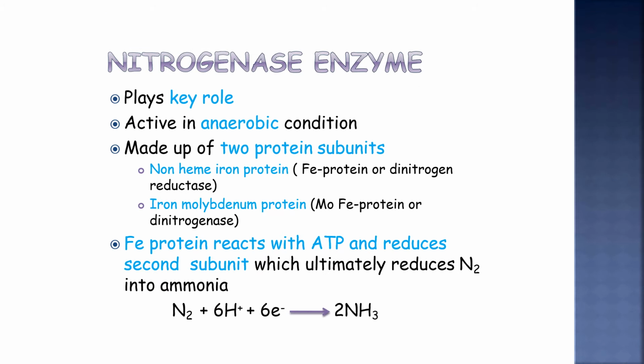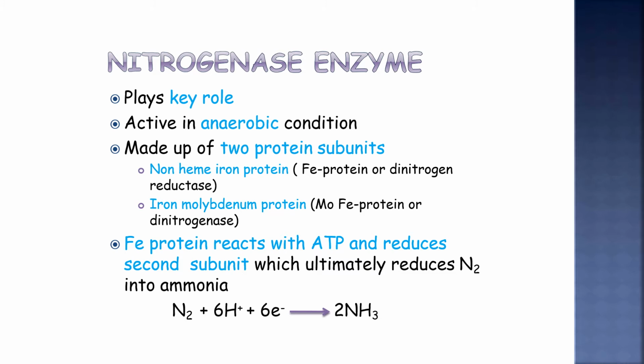In nitrogen fixation, the nitrogenase enzyme plays the key role. It is active in anaerobic conditions, and it is made up of two protein subunits. First, the non-heme iron protein, that is Fe protein or dinitrogen reductase.